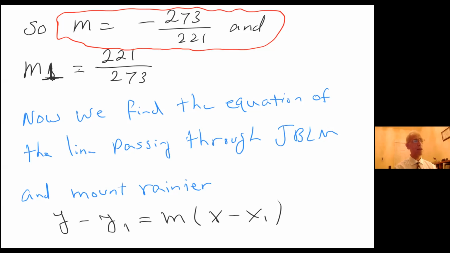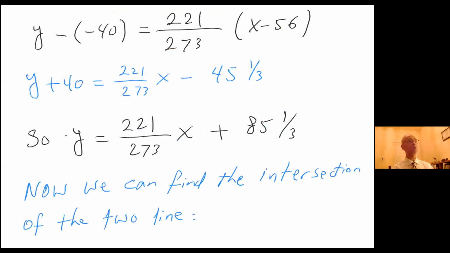Now I'm going to use this information and the coordinate point I have to find the equation of the line that is perpendicular to the path from JBLM to the final destination. Using the coordinate point, I get y minus negative 40 equals 221 over 273 times x minus 56.